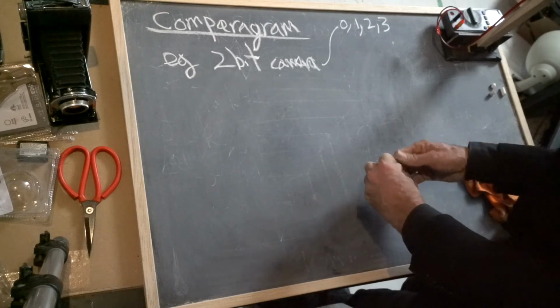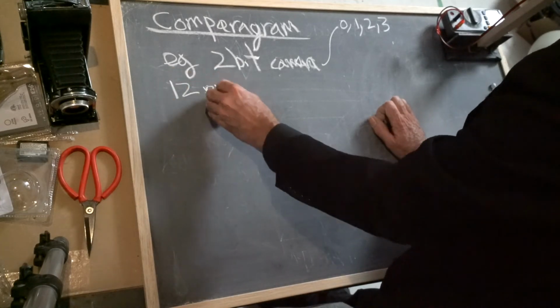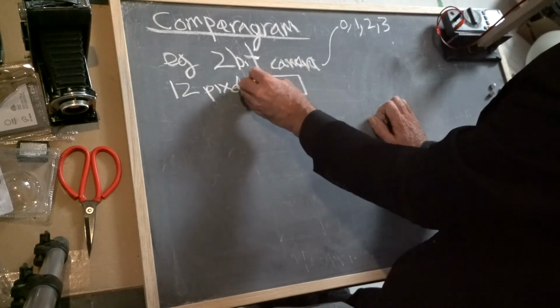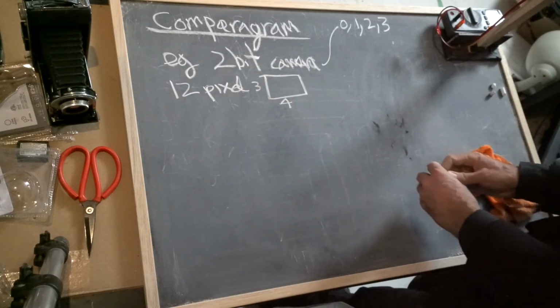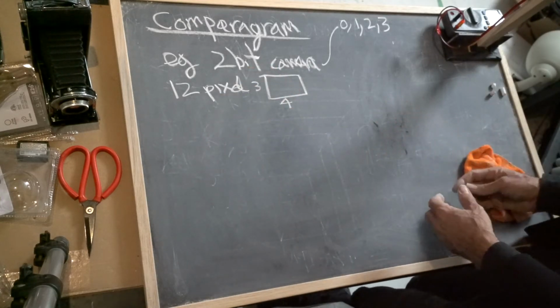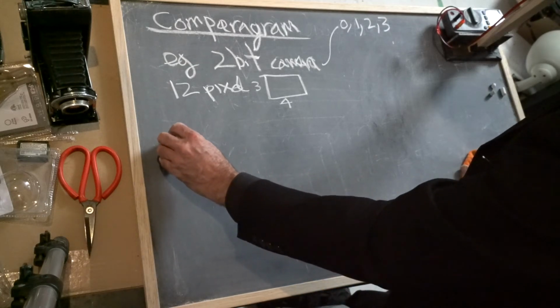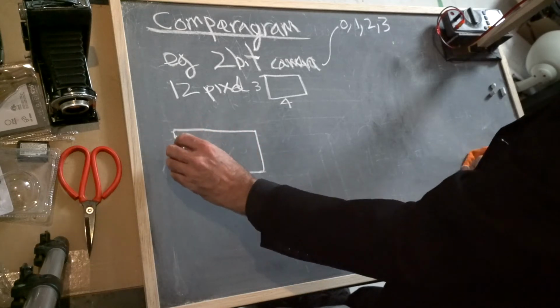And let's say it's a 12-pixel camera, and the array is 3 by 4. So it's 3 pixels by 4 pixels that each have 2 bits. And let's say we had 2 images, a darker image and a lighter image.